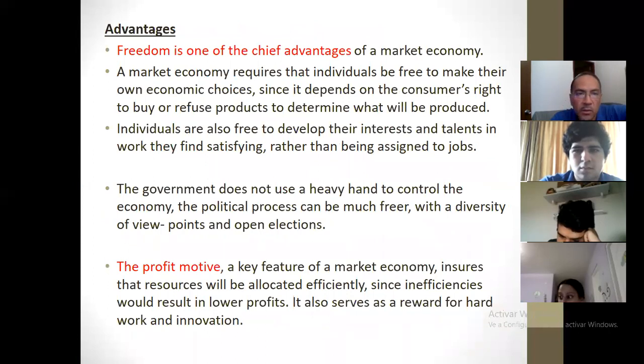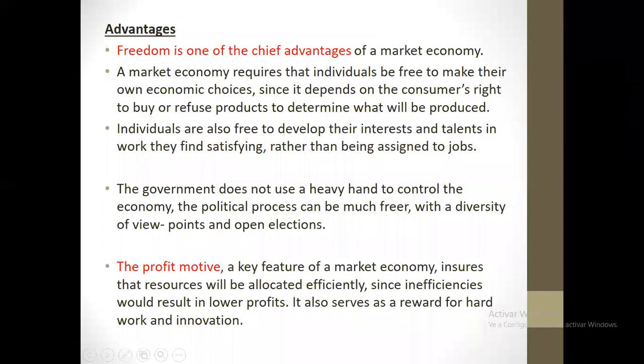Okay, now let's focus on the advantages and disadvantages of the market economy, okay? We know already some advantages, okay? But I'm gonna give you some more. Freedom is one of the chief advantages of a market economy. Hay libertad, okay?